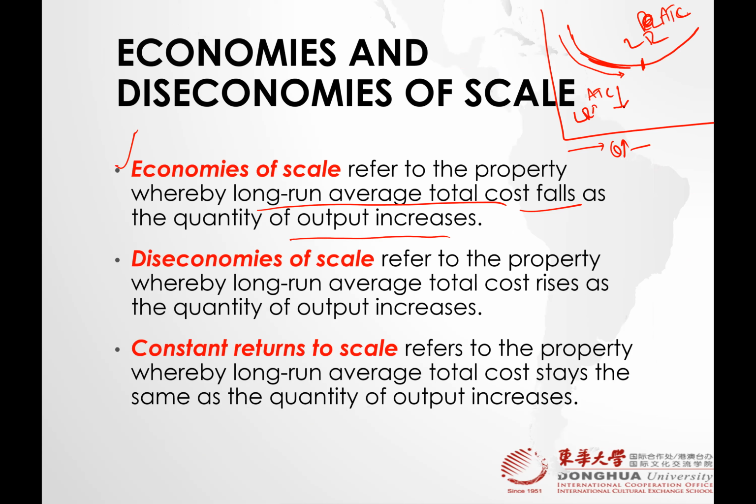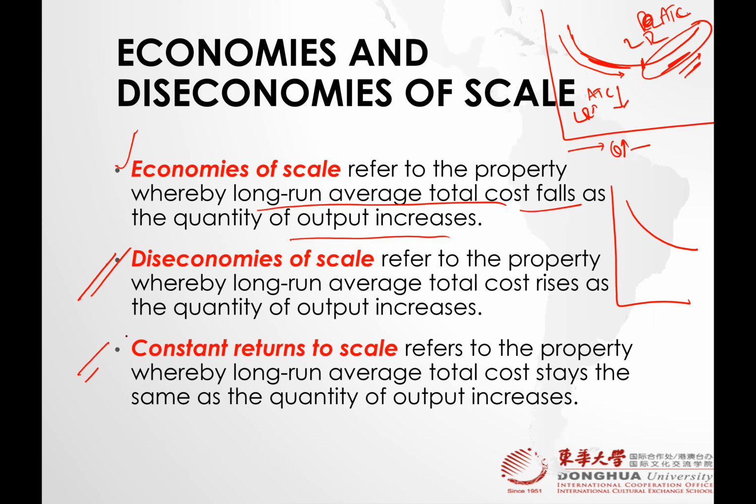We call this economies of scale. It means your long run average total cost looks like this. Not this half, because you've never experienced this one. When you produce more, it starts rising, and this is called diseconomies of scale. It is a property where long run average total cost rises as quantity increases.